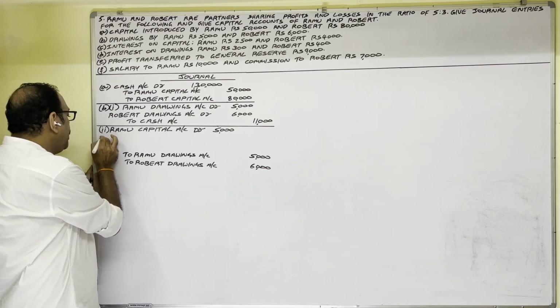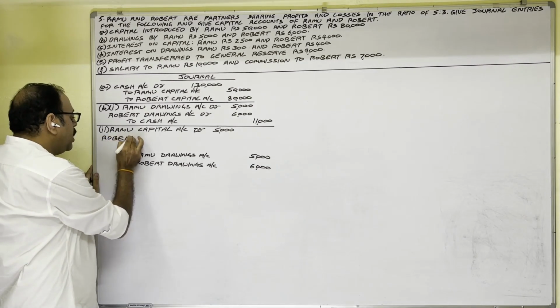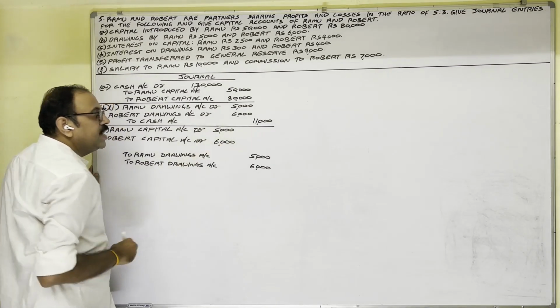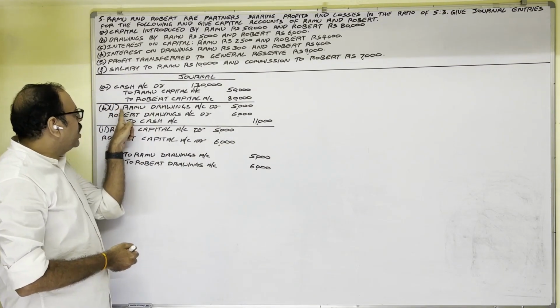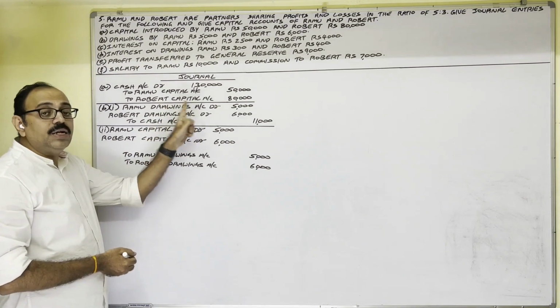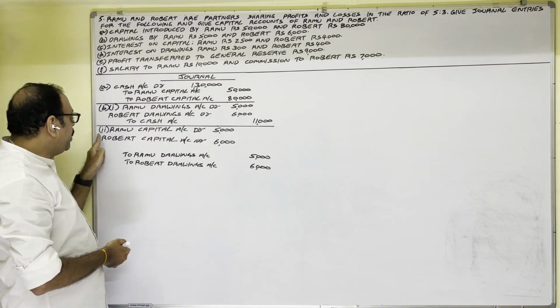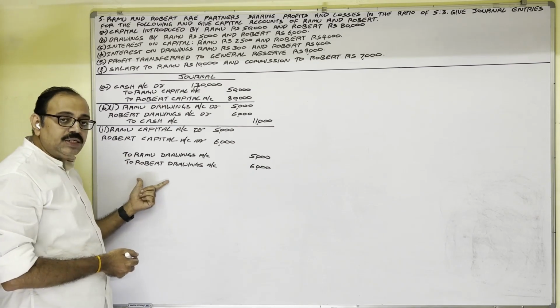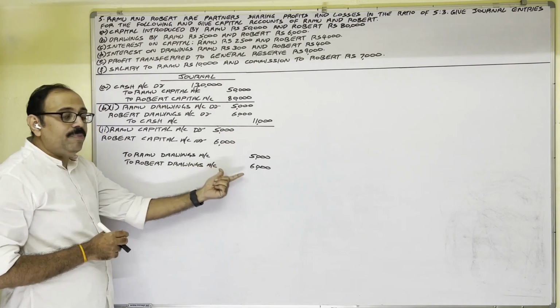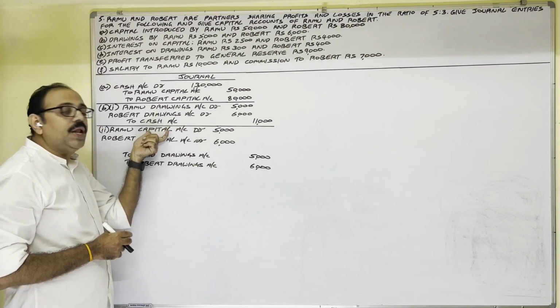Therefore, debit Robert capital account 6000 rupees. This is the final entry. So for B1, what is the narration? Being the entry for partners drawings. For the B2 entry, the narration is being the entry to transfer drawings account balances to capital accounts.